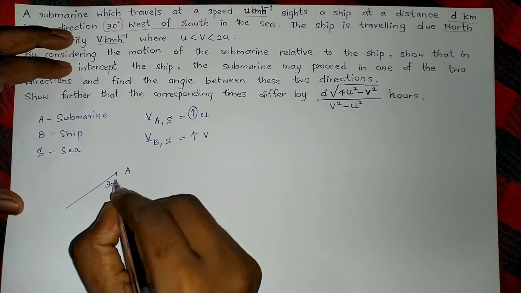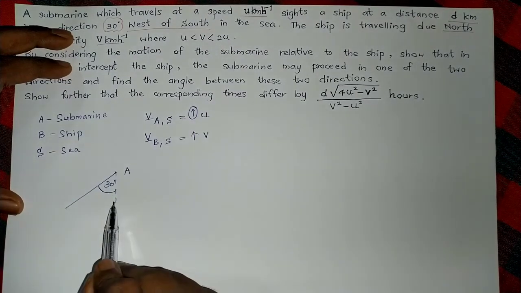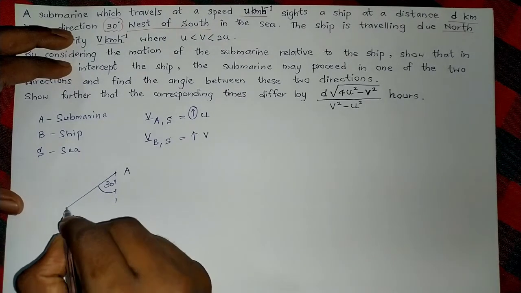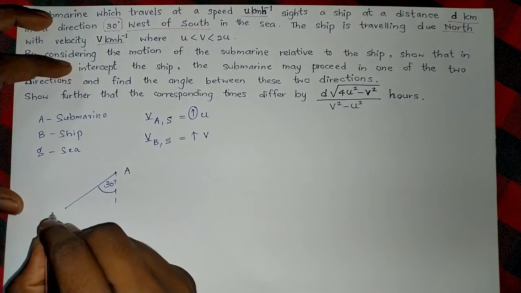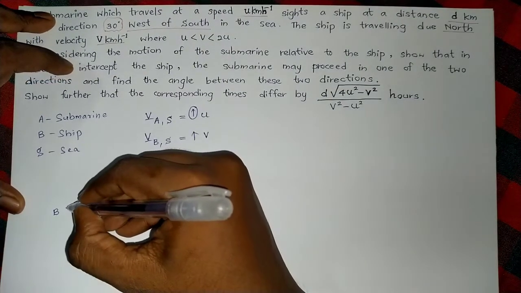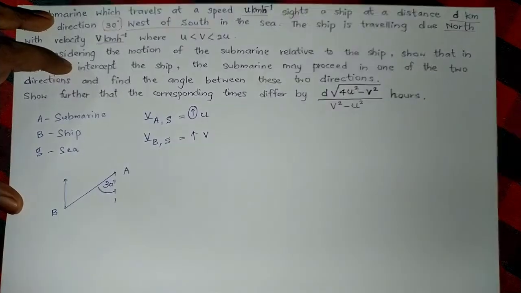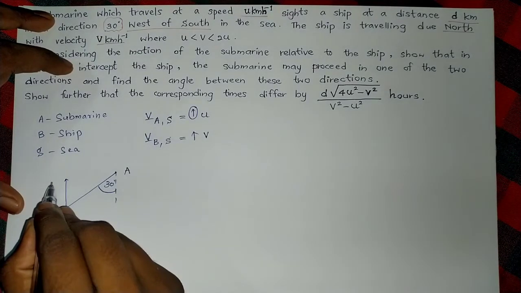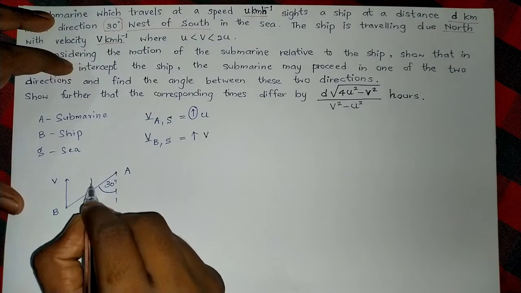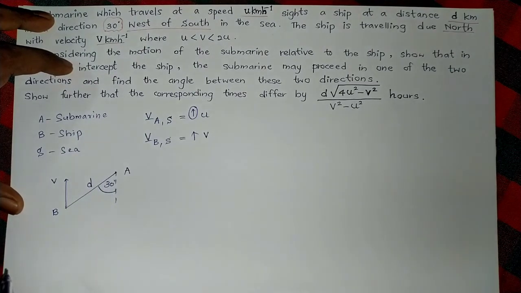So this can be 30 degrees. It is west from south. So let me take this point as the location of ship B. So ship is traveling to north with a velocity v. So the distance between A and B is d kilometers.